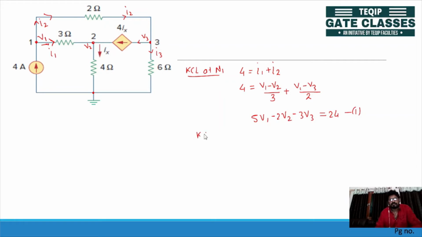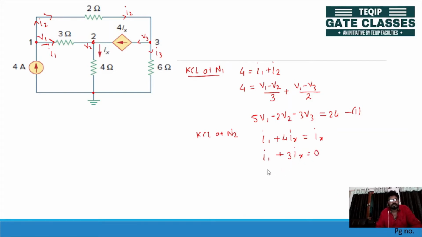Now apply KCL at node 2 here. Here the incoming currents are I1 and 4Ix, and the outgoing current is Ix. So I1 plus 4Ix is equal to Ix, so you can write it as I1 plus 3Ix is equal to 0.